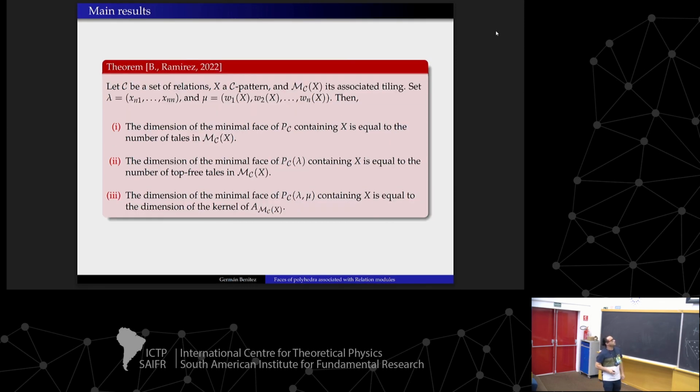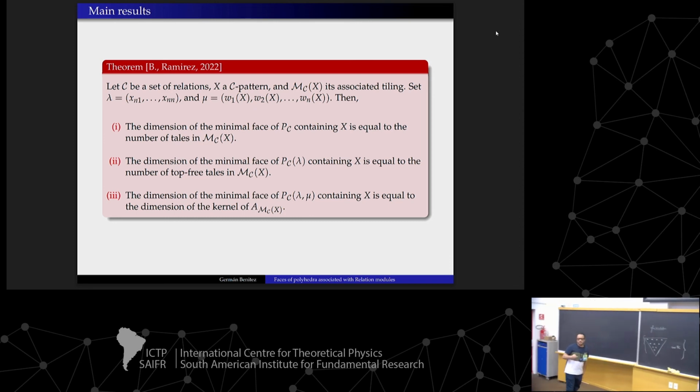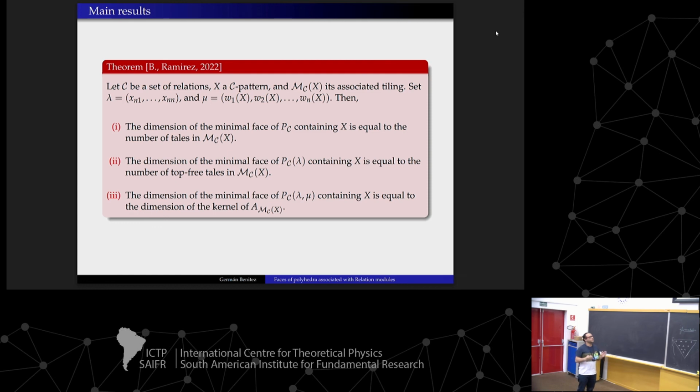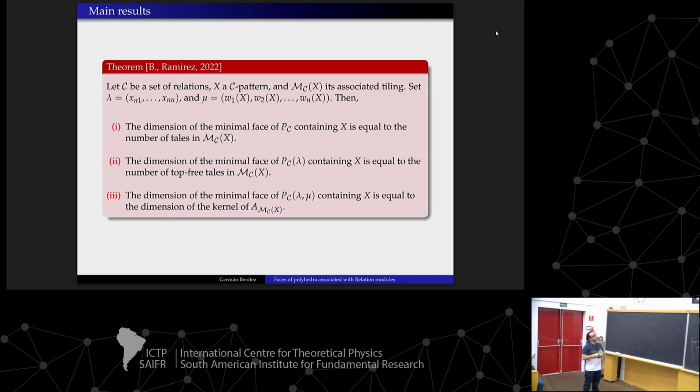Now, to compute the dimension of the minimal face of the polyhedron containing the C pattern, we need just to count the number of tiles. So we consider the partition; the number of tiles is equal to the dimension of the minimal face of the polyhedron.